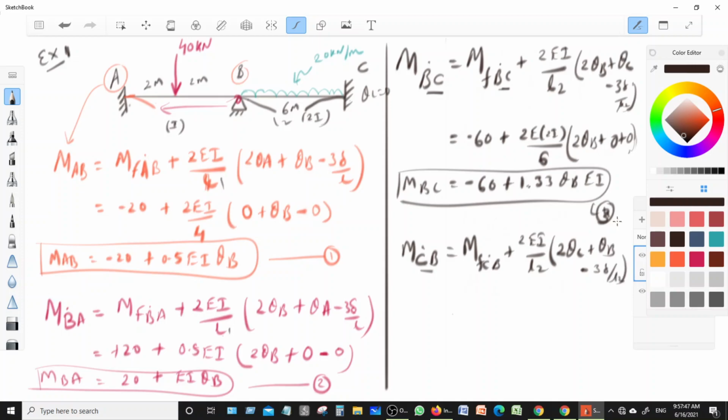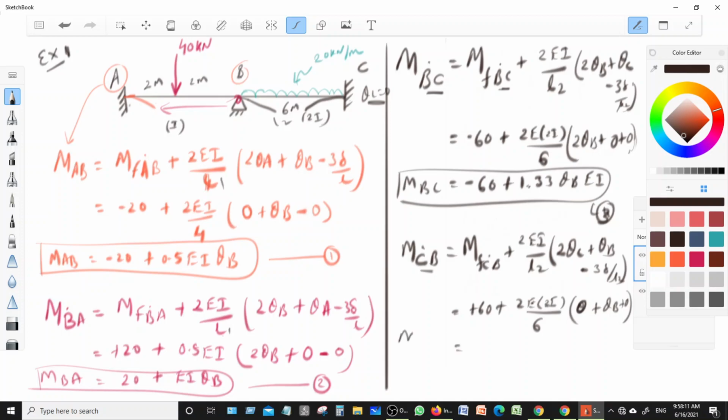So we put the value, that is plus 60 plus 2EI, that is 2I divided by 6, in bracket 2 theta C. Theta C will be 0 because your C support is a fixed support, plus theta B plus 0 because you have no suspension.